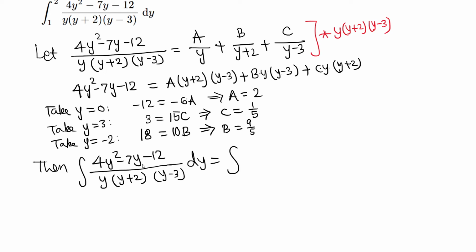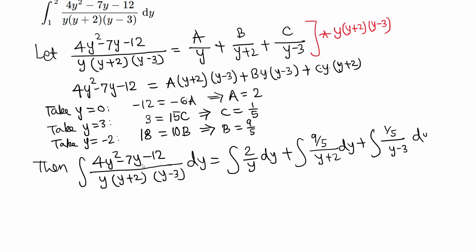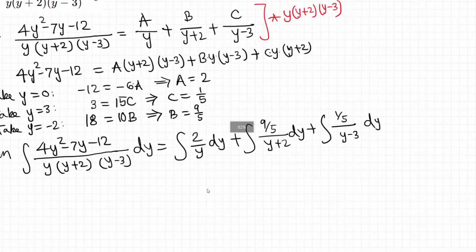Integral of a over y, where a is 2 over y, dy for each of these three terms, plus integral of b over y plus 2, where b is 9/5 over y plus 2, plus c over y minus 3, where c is 1/5 over y minus 3, dy. And by the way, these numbers can simply be pulled outside, and we need to take limits from 1 to 2. That's in a moment.